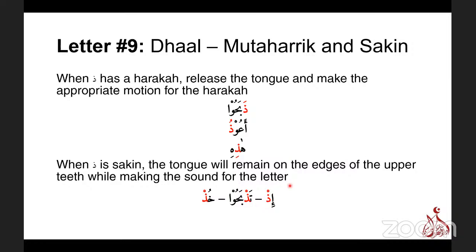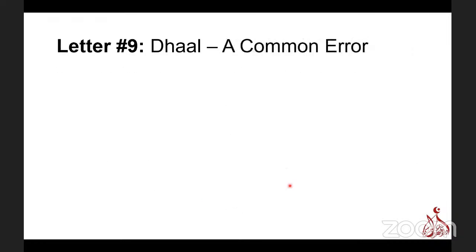Now let's move on to the next part, which is a common error that happens regarding the letter Dhaal. And it's very similar to the error that happened in the letter Tha. What is that? The Urdu zaal is not the Arabic Dhaal. They are two completely different letters.